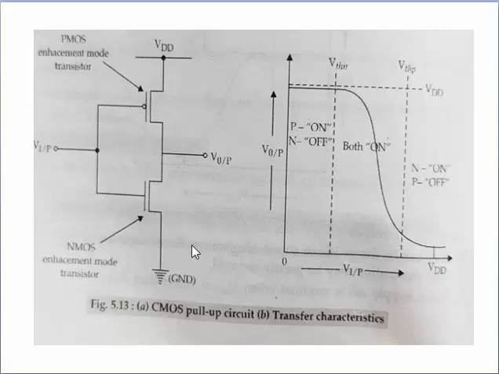In the third region, the inverter exhibits gain, meaning both the transistors are in saturation. We know that when both transistors are in saturation, they act as current sources. So the two current sources are in series between VDD and VSS, meaning between the power supply VDD and ground, in this region, with the output voltage coming from the common point.